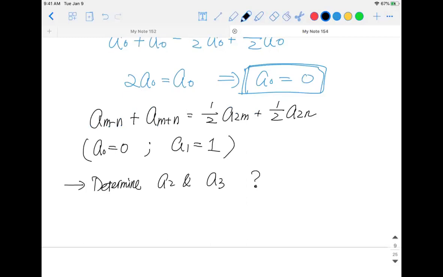Who can give me some ideas? Before we jump to the real solution, what is the big direction to determine A2 and A3?